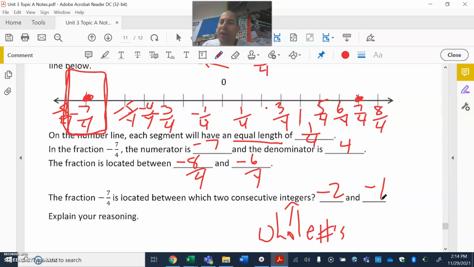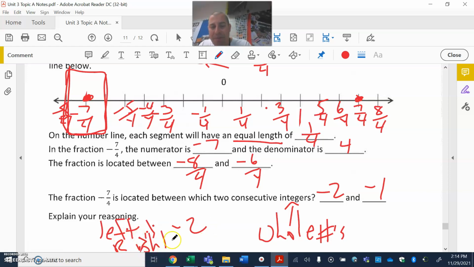So if they're asking you to do that, I think you're talking about to the left is negative 2, and to the right is our negative 1. That'll get the job done describing it. So the big thing here is that denominator. Get ready to use that as your scale.